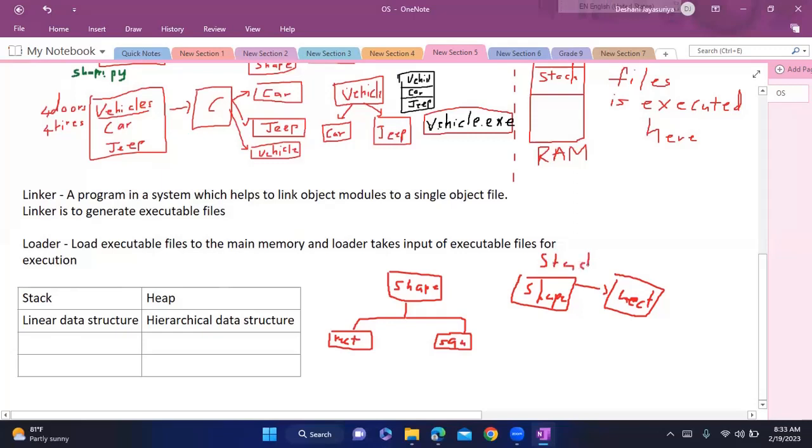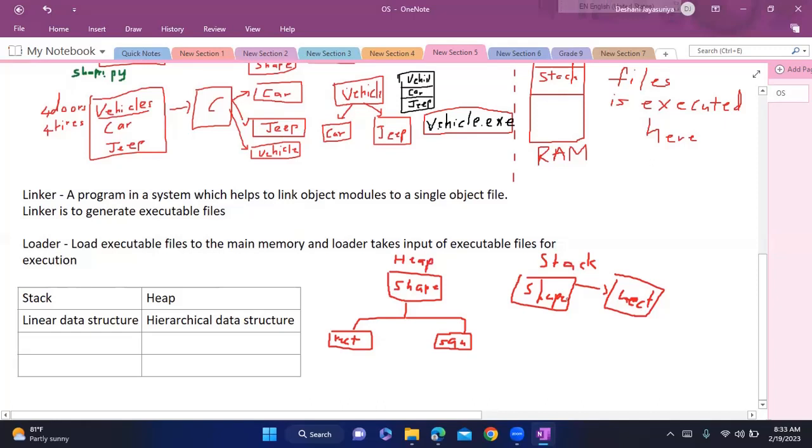One after the other, data will be executed in the stack structure, and in heap it will have a hierarchy after what we have here. So it depends on how you want it to be.